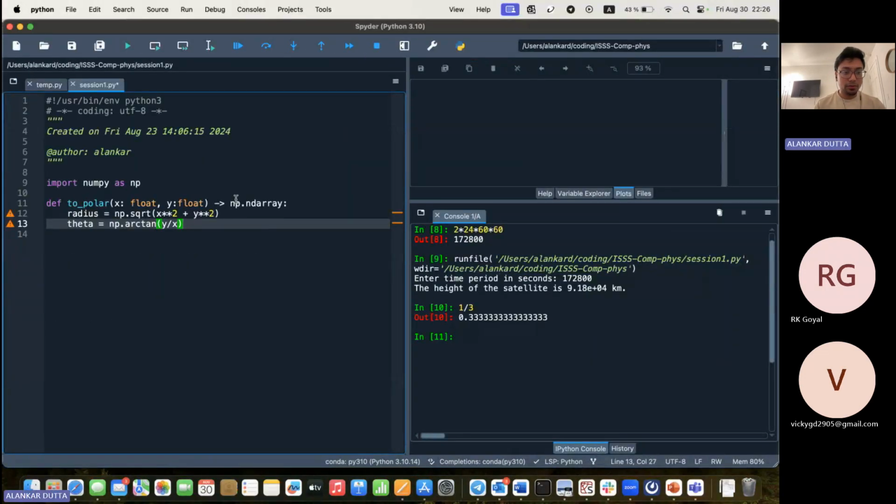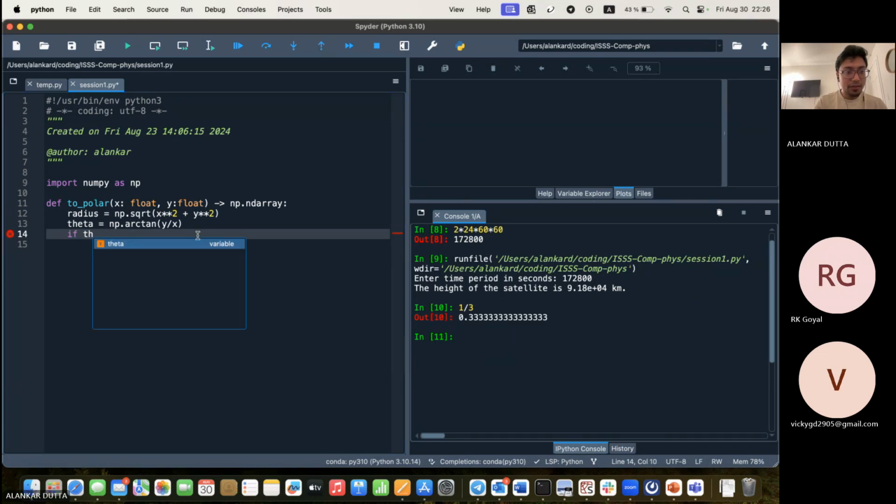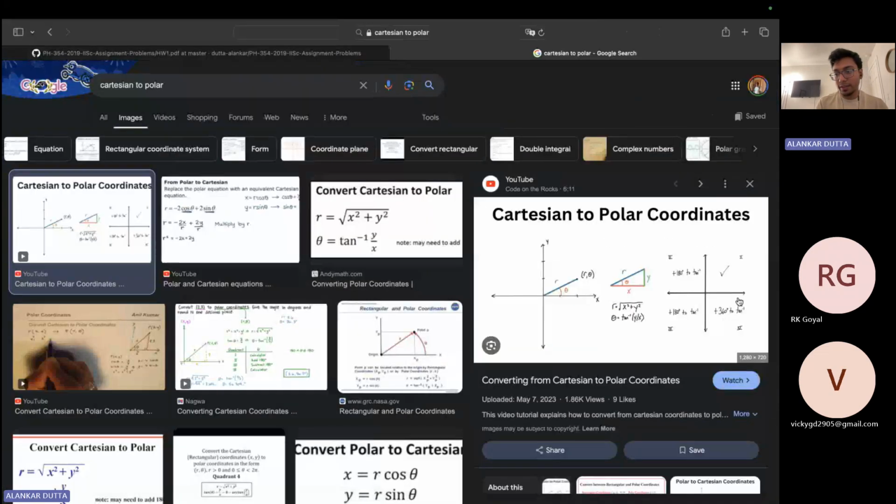So now once you have gotten theta, you have to see whether this theta is positive or negative, or rather x and y. So if theta is less than 0, so you know that theta is negative, then, let me go back in here, if your theta is negative, then it is either the fourth quadrant or the second quadrant.